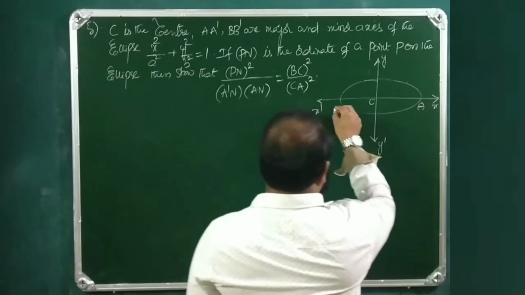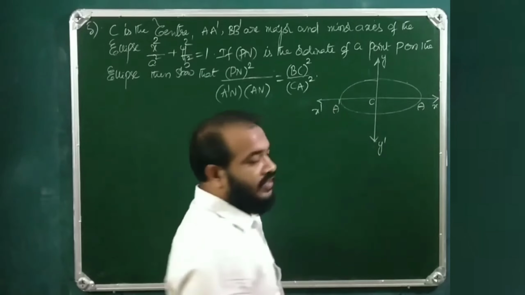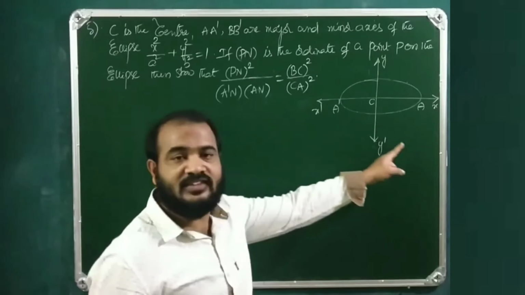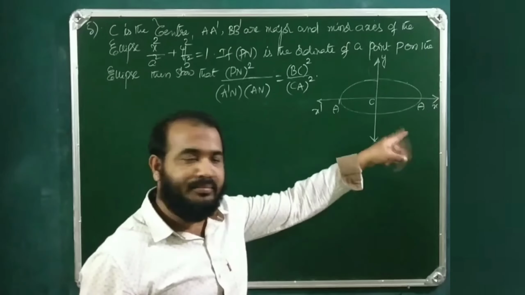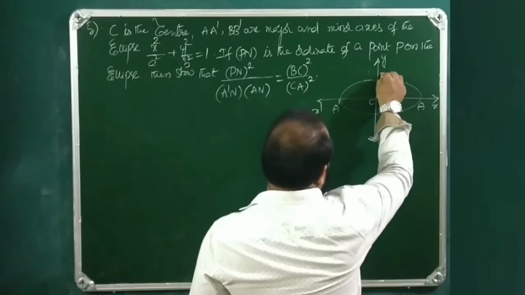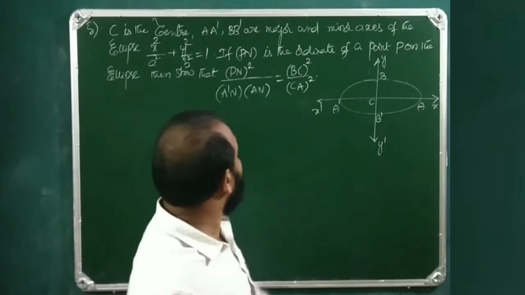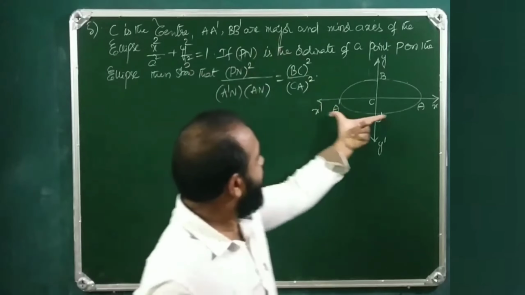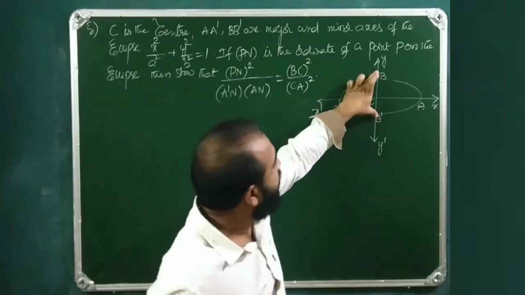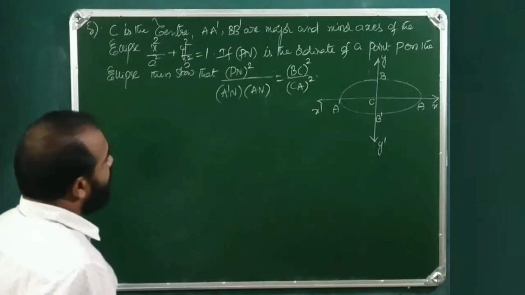A comma A dash are the points on the major axis. Here the major axis is along x axis. A is greater than B. This is B dash, minor axis. So here A dash is the major axis and B dash is the minor axis.